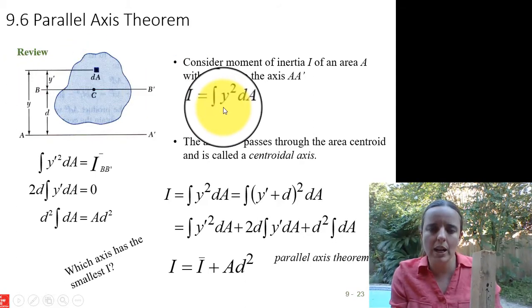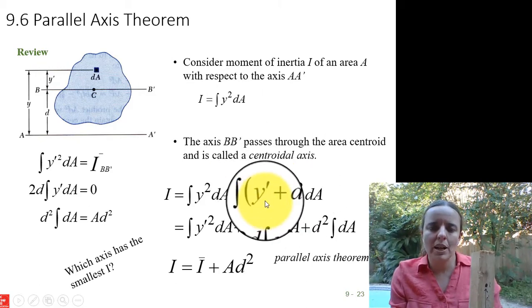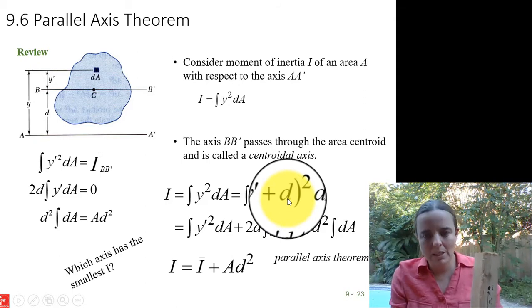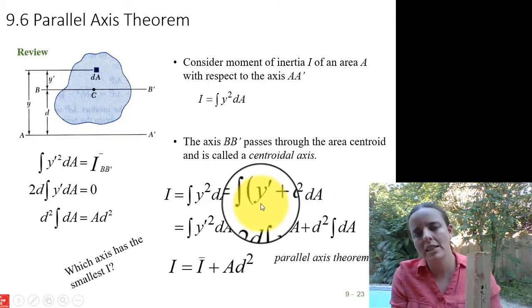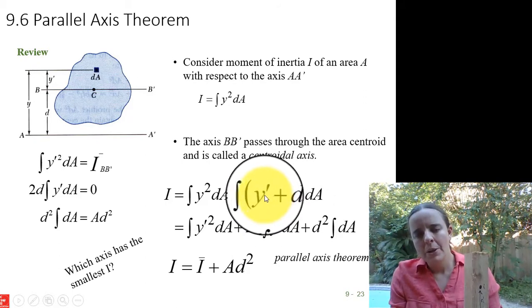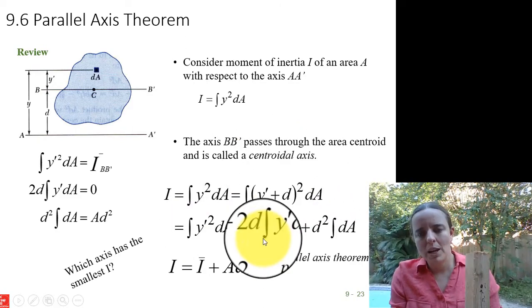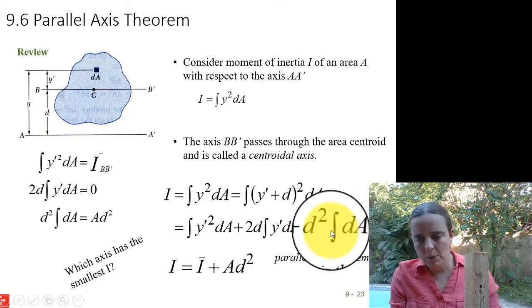Okay, so instead of y squared, we're going to split that y squared into distance to the center and then center to the element. So these two parts. Okay, so let's split that apart. We have y times y, and then y times d, d times y, and then we have d squared.